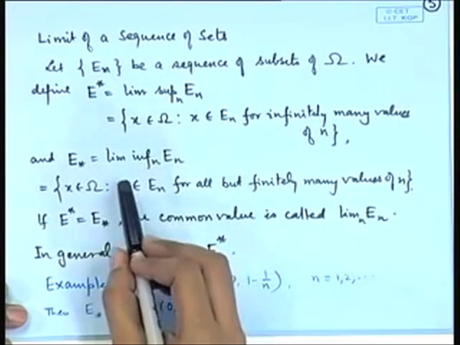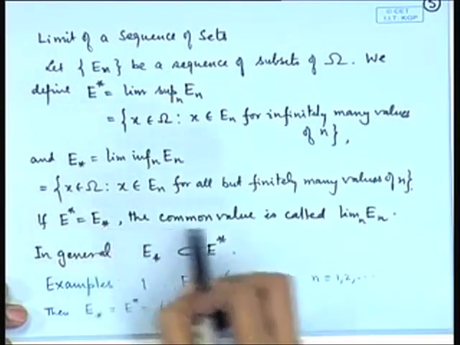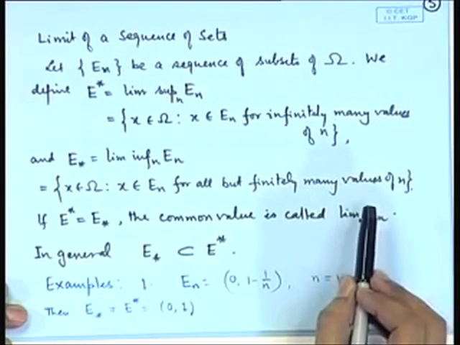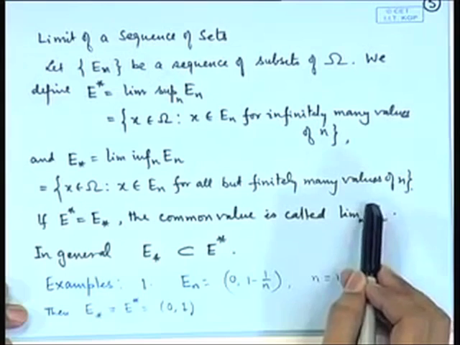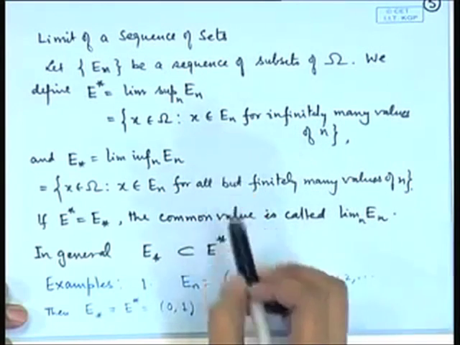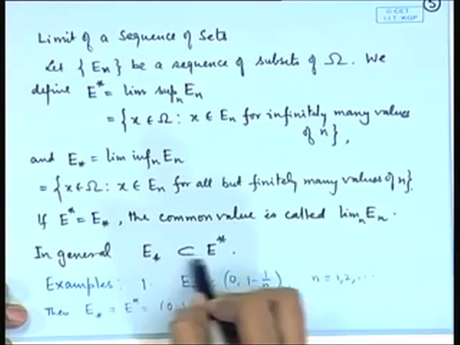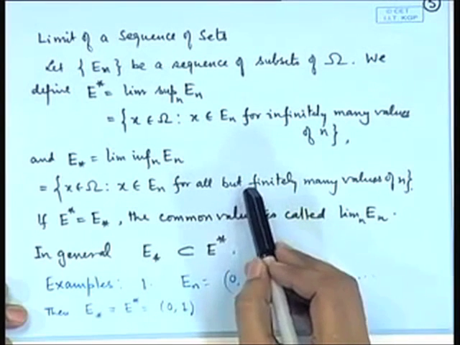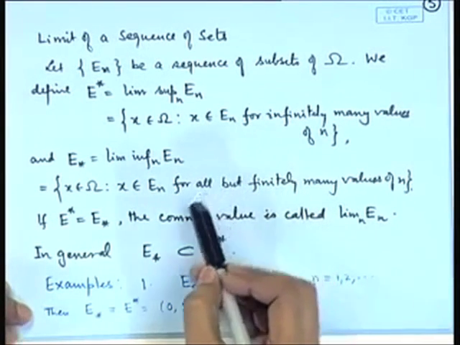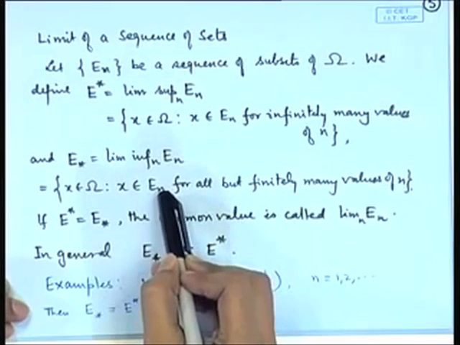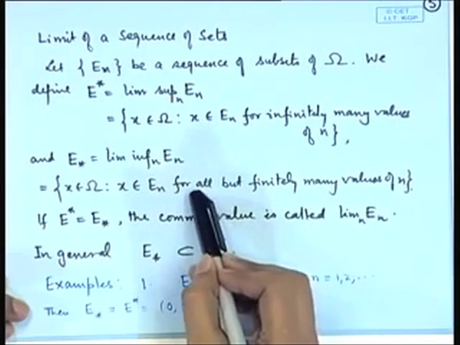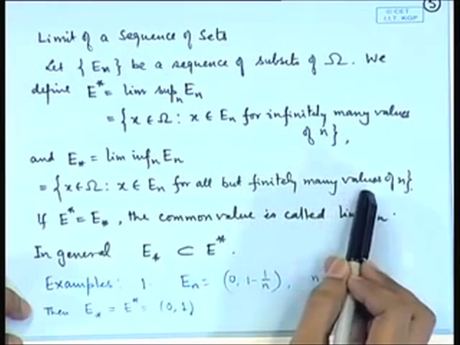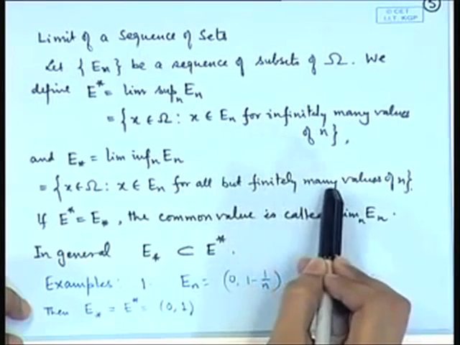If E upper star and E lower star are the same sets, then the common value is called the limit of E_n, and we say that the limit of the sequence of sets exists. By the definition, it is clear that in general we will have E lower star as a subset of E upper star, primarily because if x belongs to E lower star, then already we are committing that it belongs to infinitely many values of n, because it belongs to all except a finite number.